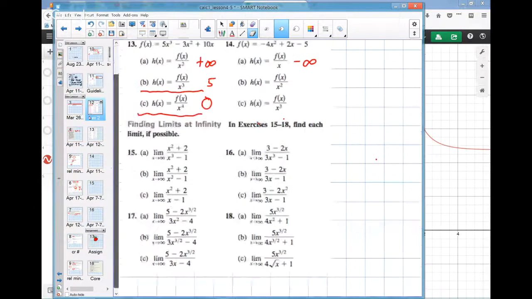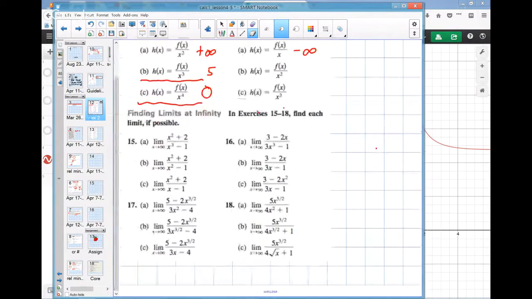Let's take a look at a problem like, well, let's take 15. This one should be real quick. If you take the limit of x squared plus 2 over x cubed minus 1 as x approaches infinity, the bottom wins. That's got to be a 0, right? Okay.